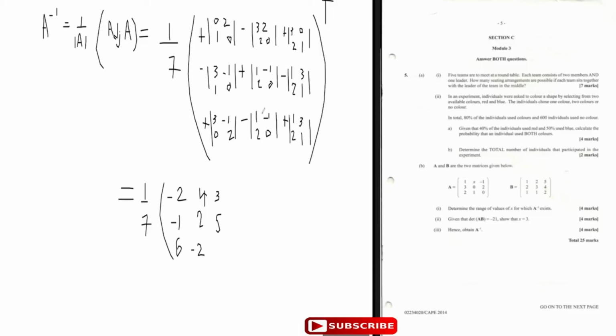Just to make sure this column is right, crossing out the 1, it's going to be 1 minus 1, 1 minus 1, 3, 2. So this right here should have been 3, 2. And here, crossing out that, it's going to be 1, 3, 3, 0.